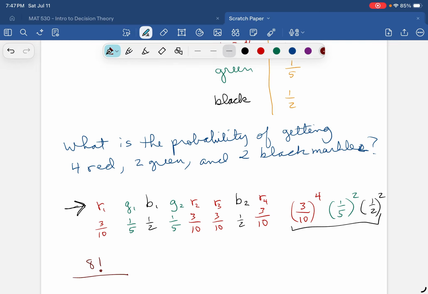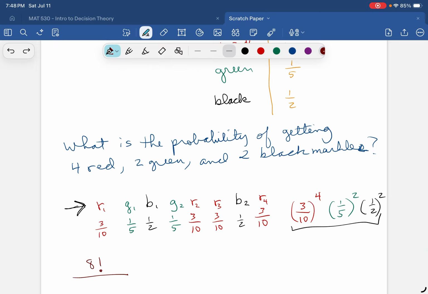But then we've got to account for the overlap, because remember before I switched R1 and R2, there was still a red one here and a red one here, right? The slots where the reds were still there. It's just that I took this red here and put it there, and this red here and put it there. That's all I did. But that's still the same outcome as what we had to begin with. So we don't want to count that. We don't want to overcount those, and the permutations number does overcount.